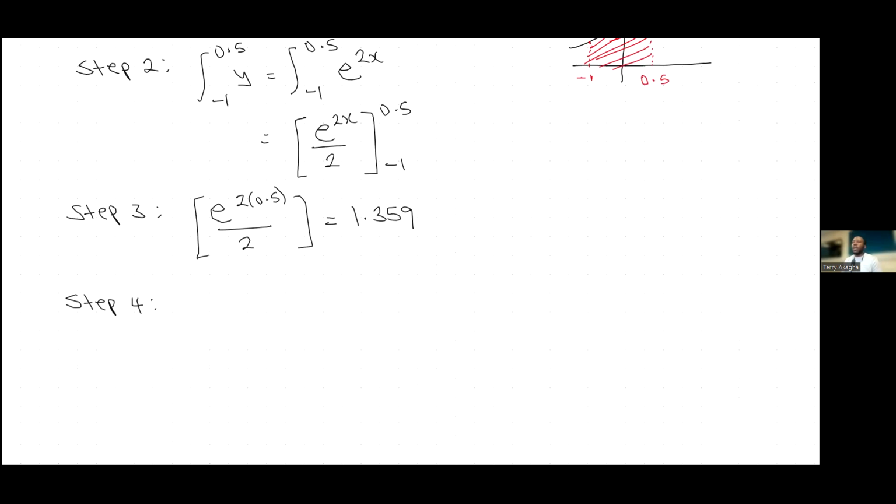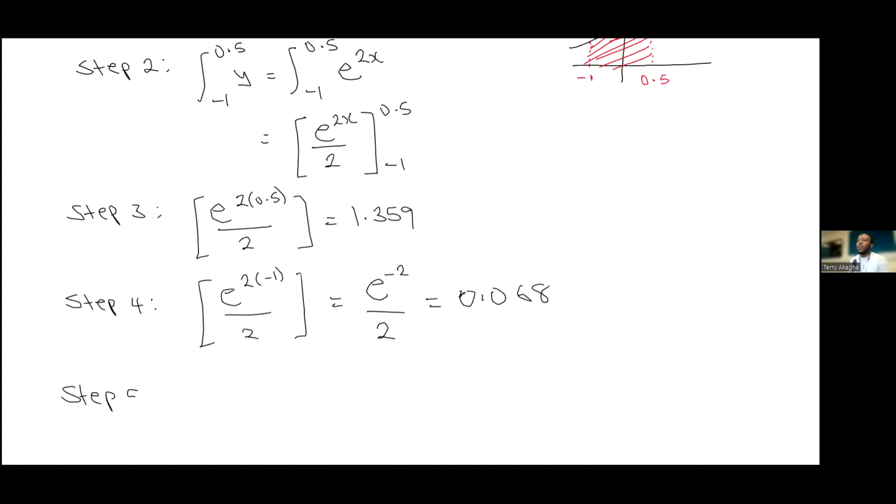So it becomes exponential 2 times minus 1, divided by 2. You can still write it in the form of e to the minus 2 divided by 2. When you press your calculator for this, it should give you 0.068.